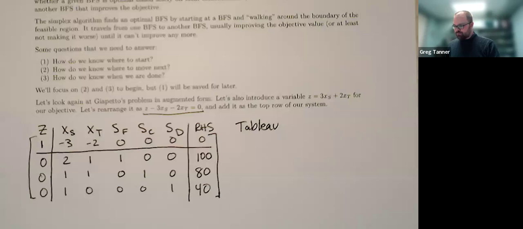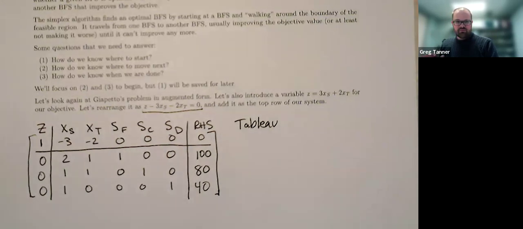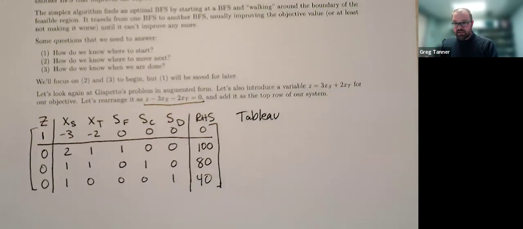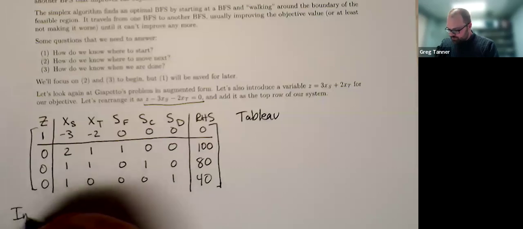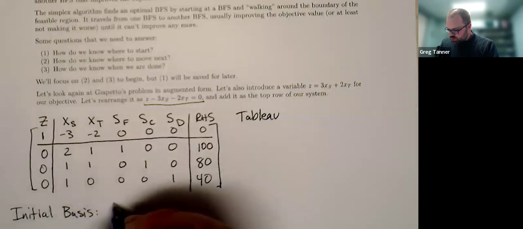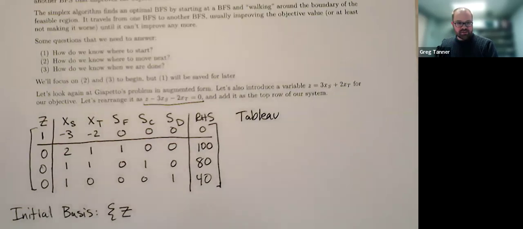Okay, so similar to what we did in the last video, now we're going to choose a basis. And this is really the where-do-we-start question, because we know that each choice of a basis corresponds to a basic feasible solution or a corner point. So to begin with, and for the first several examples that we see this week, our choice for a basis will be pretty easy, in that our initial basis we'll always choose z to be in our basis.